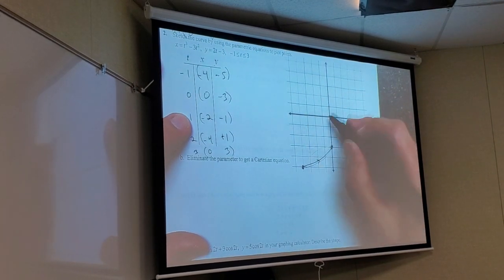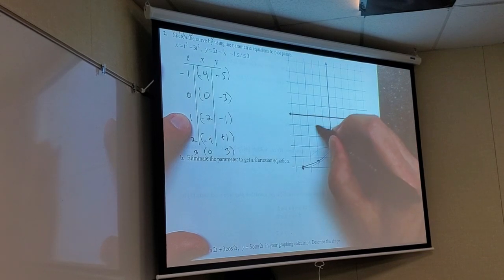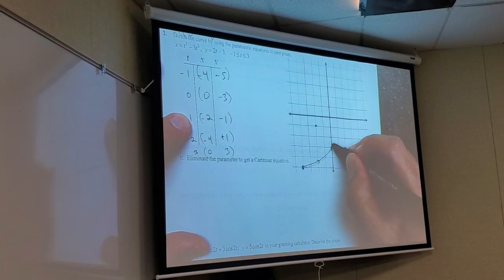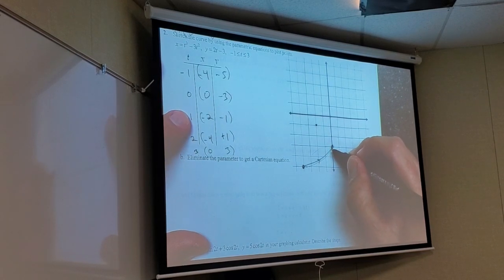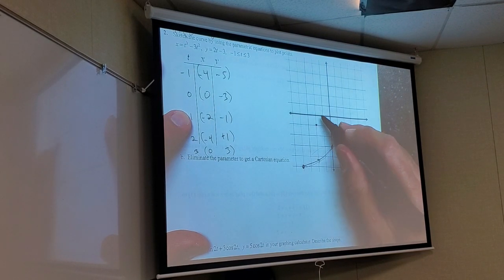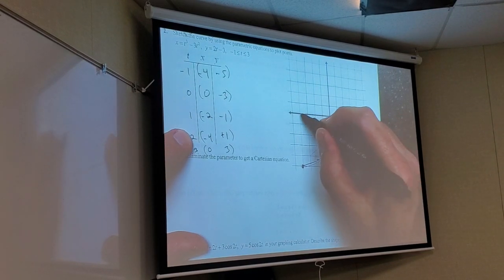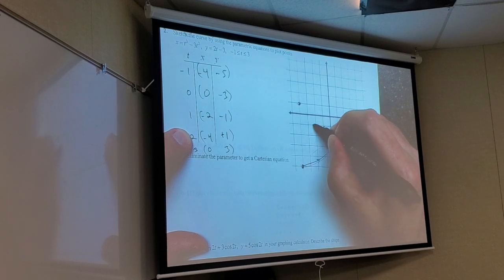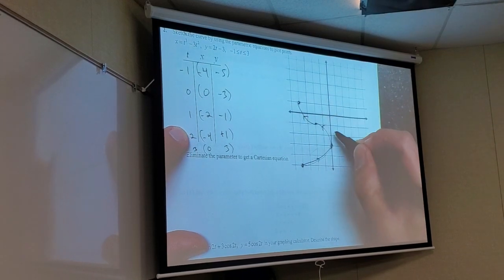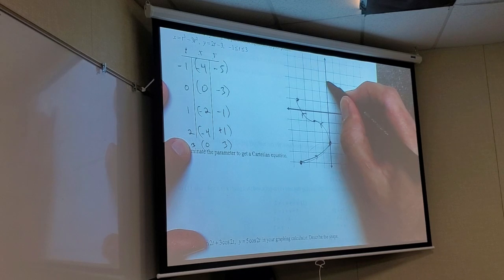What's this one say? -2, -1. Kind of makes sense because now it's got to make this turn. You see what I'm saying? -2, -1. -4, 1, and then 0, 3.